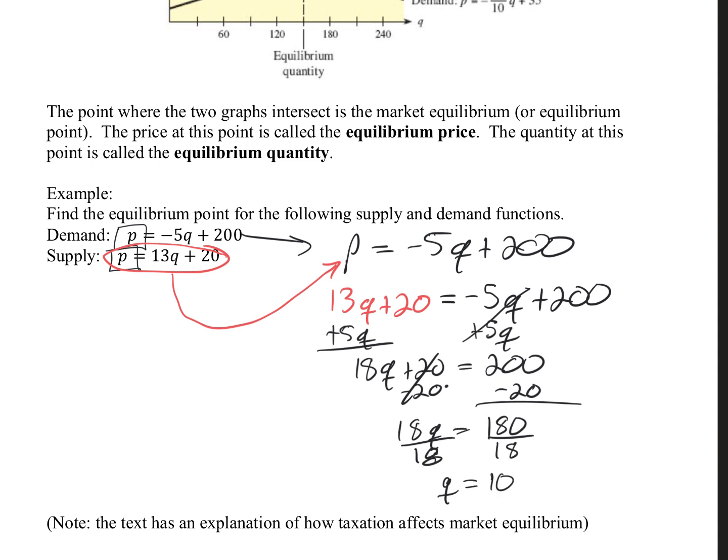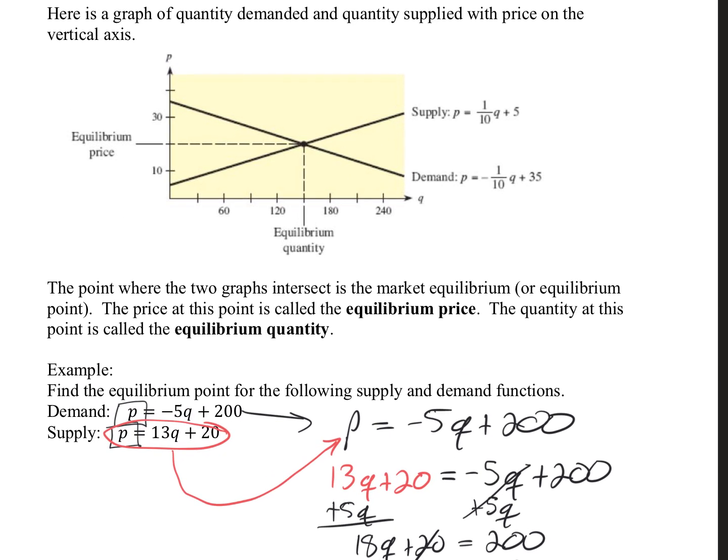Now, this is a great time to go back and reread the directions. The directions said to find the equilibrium point for the following supply and demand functions. A point is going to be the p and the q values together. So just following the lead of the example that we see up above here, if q is on the horizontal axis, then p would be on the vertical axis.